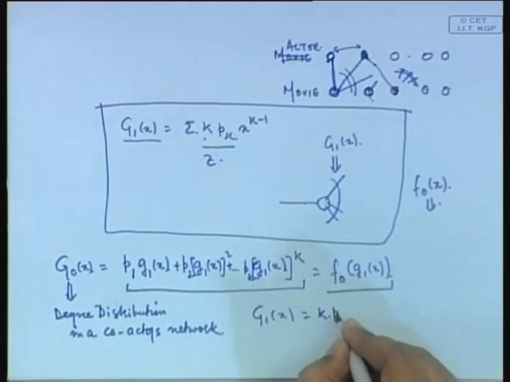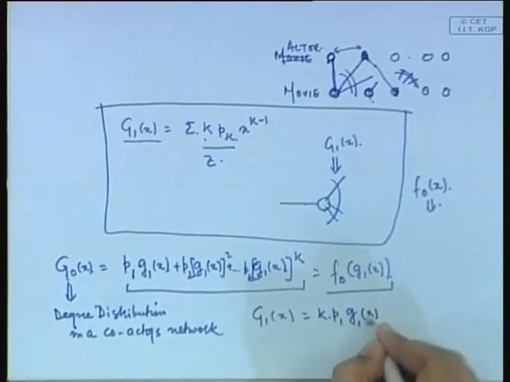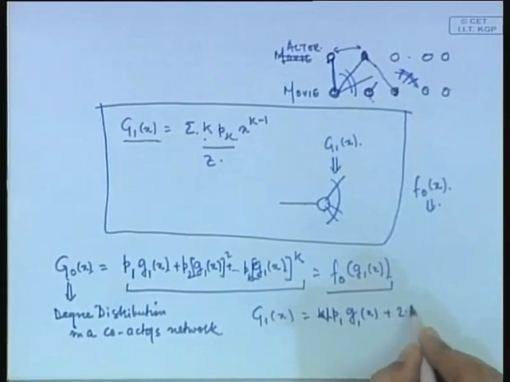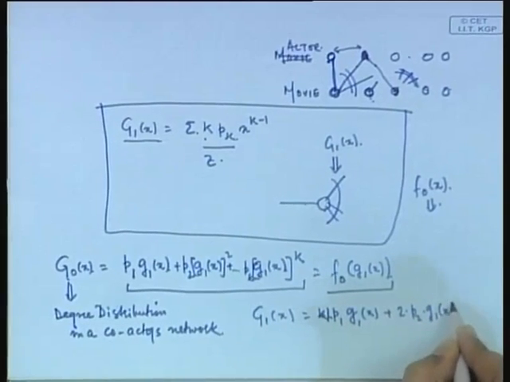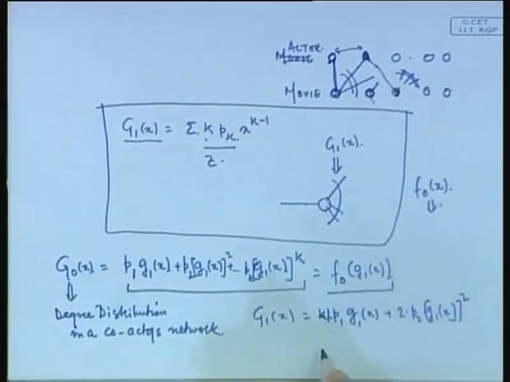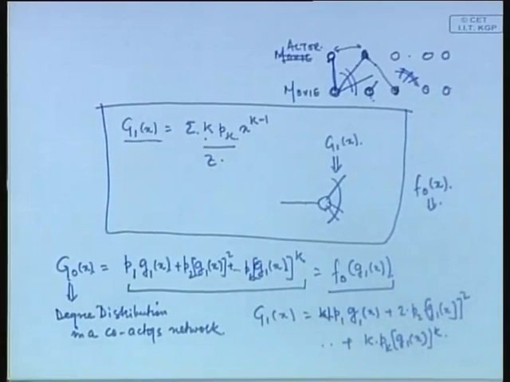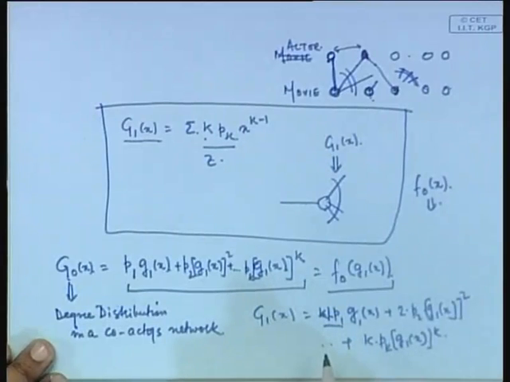So, you can just put 1 into p1 G1x plus 2 into p2 G1x square plus k into pk G1x to the power k, because reaching that node is proportional to the degree of that node. So, that comes, and this we know again is f1.